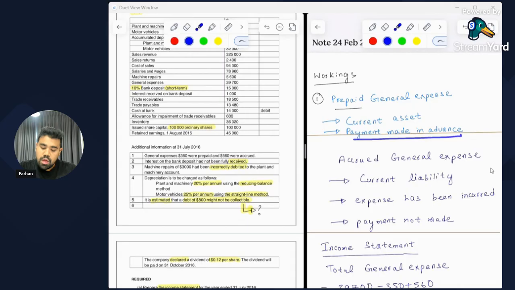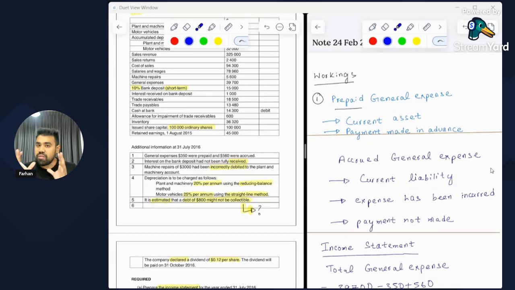Okay. We also have an accrued general expense, which is also known as the general expense that is owing, and this is a current liability. The reason this is a current liability is because this is a present obligation for the business. And when I say it's a present obligation, it means that we have taken the benefits, we have incurred this expense, but we still haven't paid this expense yet.